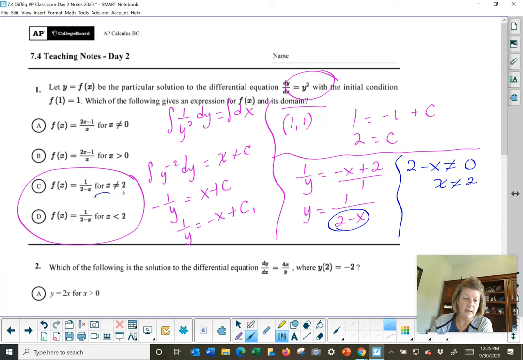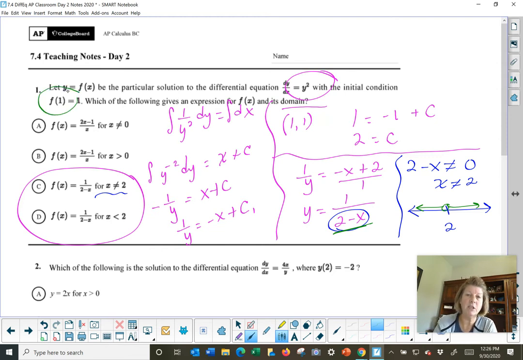And it would seem like this is an appropriate answer for letter C. But the difference is when you're working with differential equations, the possible solutions are above and below 2. It will only be half of that solution. It won't cross that vertical asymptote at 2.